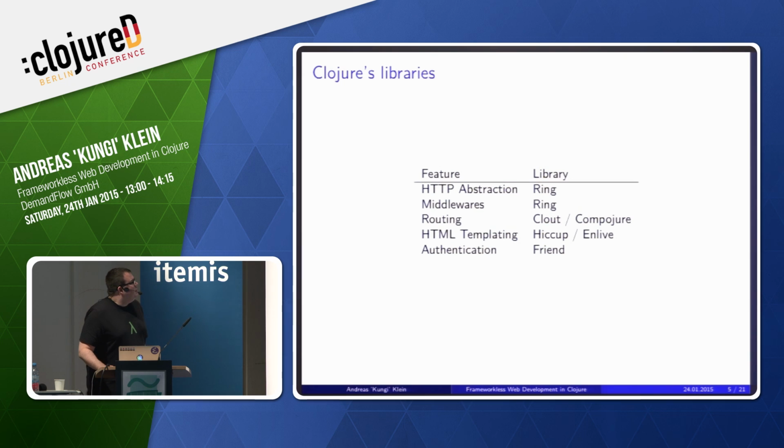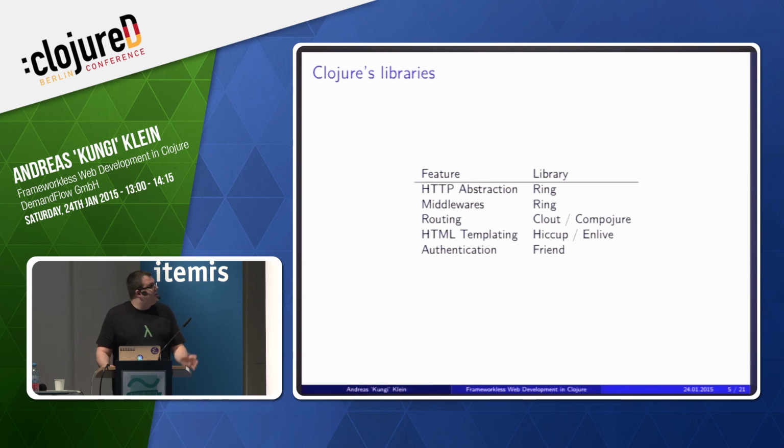Okay, what libraries do we use? For HTTP abstraction and middlewares, we have Ring, which I will cover in much more detail later. For routing, we have Clout and Compojure. Clout is just the HTTP request matching library, and Compojure uses it to do comprehensive routing.